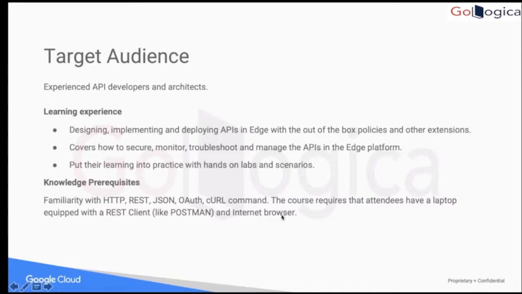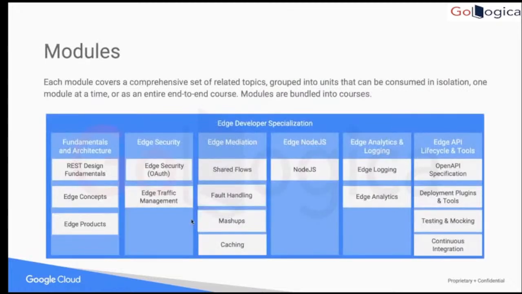For testing purposes, we can use the Postman REST client. So there is not much preparation for you. Whenever we cover a topic on Apigee, we'll cover it from the basics, so even if you don't know anything, that won't be a problem.